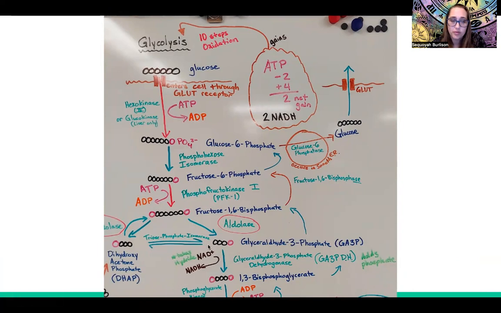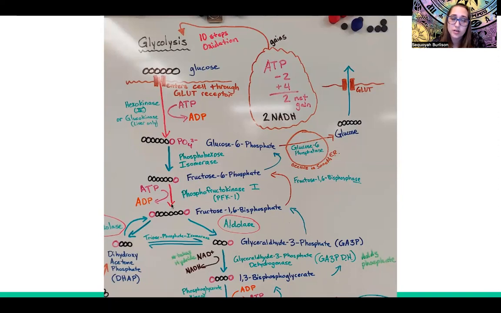We need both of those in order to create fructose 1,6-bisphosphate. Luckily, GA3P and DHAP are interchangeable due to our wonderful enzyme here. So once we have both molecules, we're able to use aldolase, our enzyme, circled now in red, to combine the 2 molecules into one for fructose 1,6-bisphosphate.